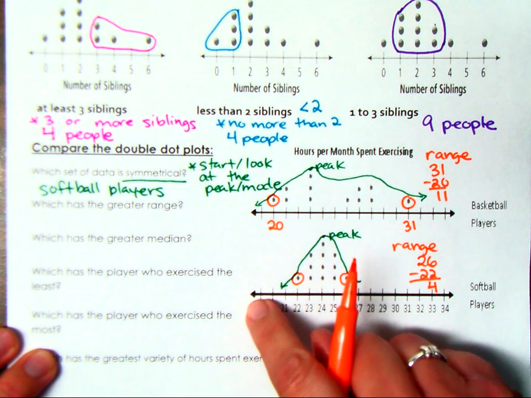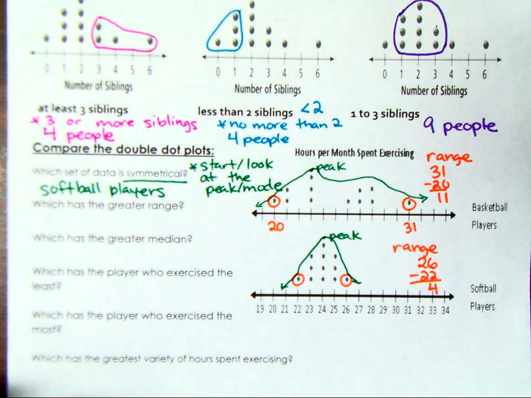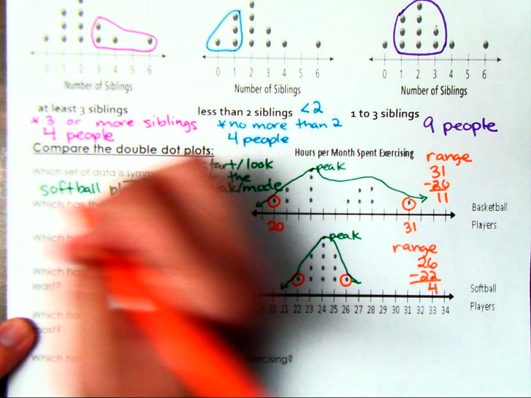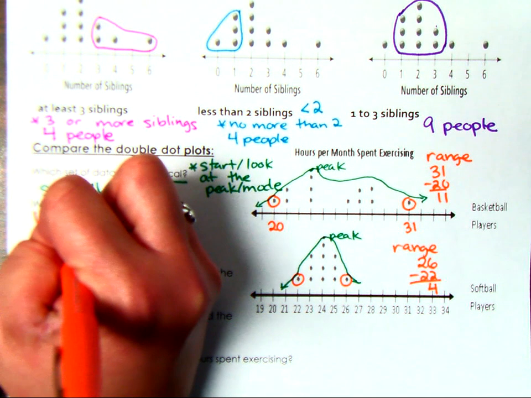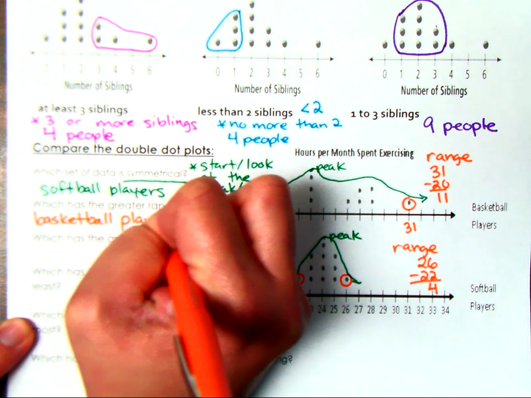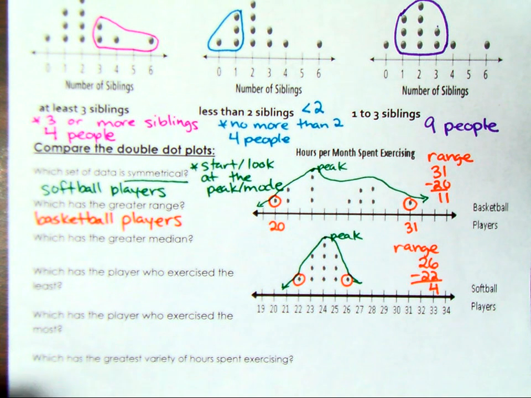Both of these graphs started at 19, but we don't have a dot above it, so that's why we're not using those as our maximum and minimum. So which one has the greater range, covers more numbers? Well, 11 is greater than 4, so we're going to say basketball players, because their range is 11 and their range is only 4.